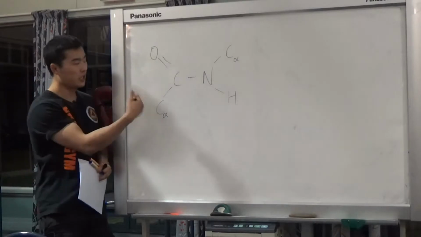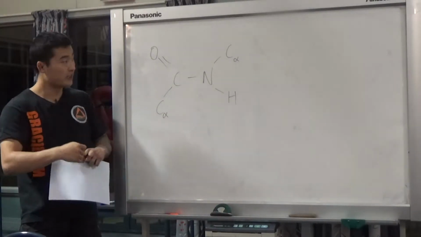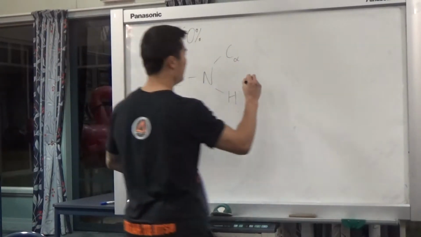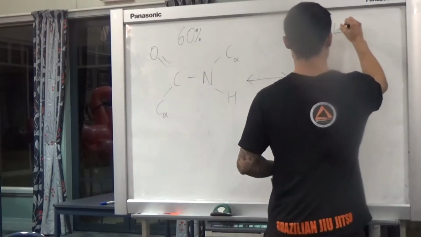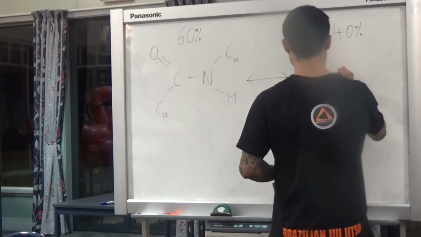So this is the peptide bond, but it's only like this 60% of the time. So 60% of the time it's like this, and the other 40% of the time it's going to look like this.